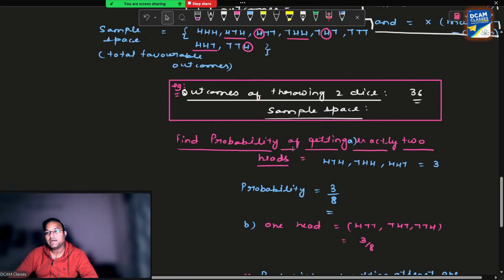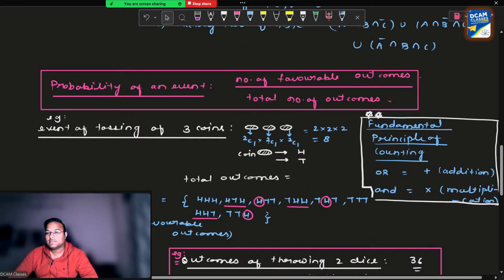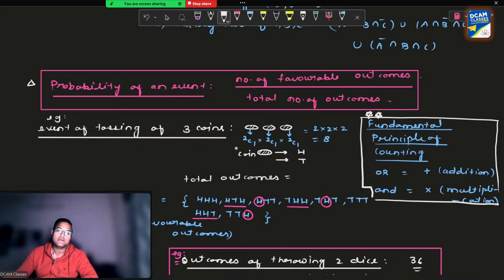Actually, up to this part only, this type of things they are going to ask in your class 11. This is the basics of probability.